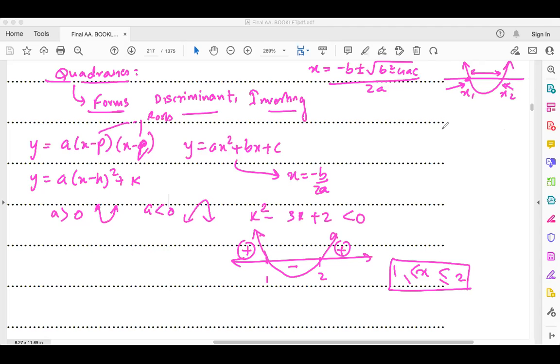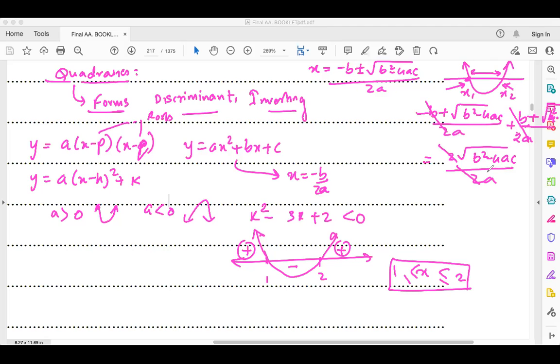Subtracting negative b plus root b squared minus 4ac upon 2a minus the second root, which becomes plus b upon 2a minus root b squared minus 4ac, the b terms get cancelled and you get 2 root b squared minus 4ac upon 2a, and the 2 and 2 get cancelled. So the distance between the roots is root b squared minus 4ac over a.